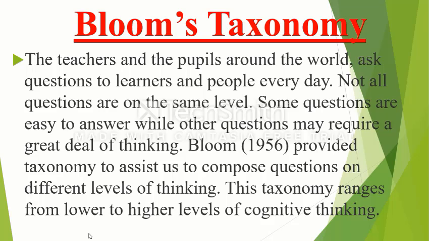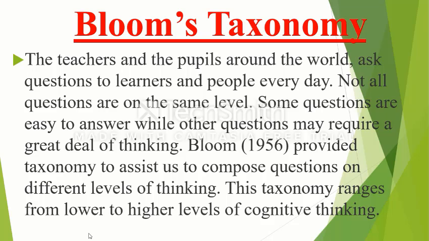So when we answer those questions, we use different cognitive levels. Sometimes some questions have only a yes or no answer. Some questions have very simple answers, but some questions require great thinking, in-depth thinking, critical thinking.